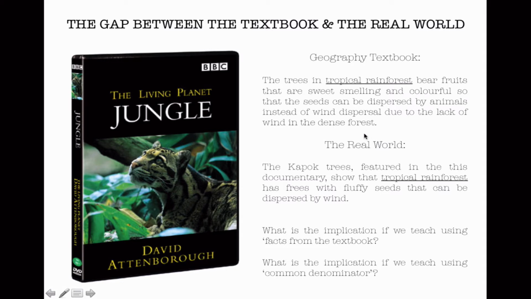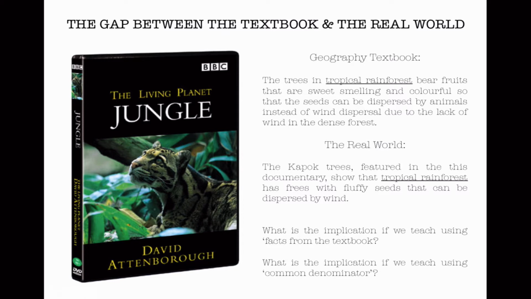Now, if we teach the students using the common denominator, they will start to think and they will understand why. These trees are usually the emergent trees. If you have learned geography before, you know that there are 5 layers in the forest. The emergent trees are the ones that actually penetrate beyond the canopy layer.